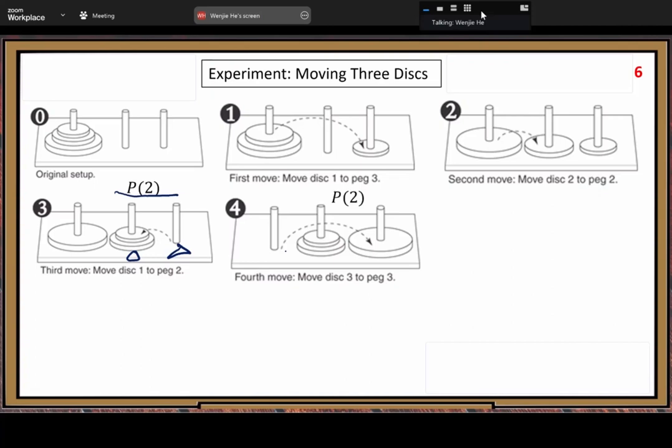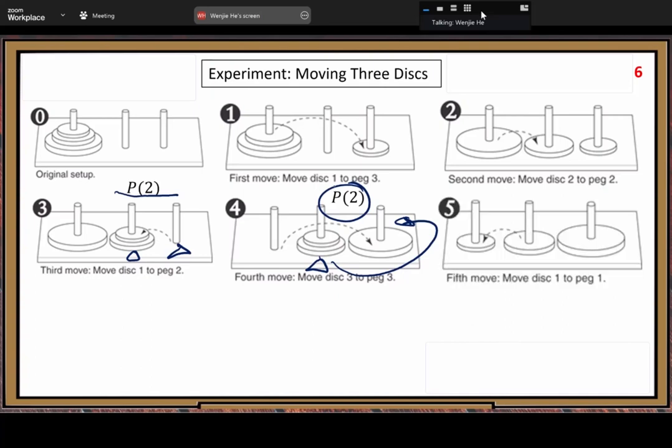After that, step 5, you can see what we need to do. We just need to move these 2 disks on top of the largest disk on peg 3. Can you imagine, we just apply the problem of size 2 another time? So let's apply that solution.